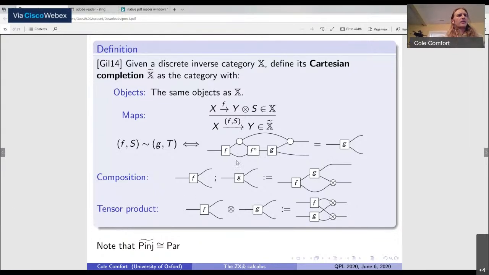You're copying the codomain on the top, and then on the bottom you have this kind of ancillary space, and you're undoing it and then applying G to it, so you're transforming the ancillary space of F and G between each other. The Cartesian completion of sets and partial injections is actually Par, which is pretty important for this talk.